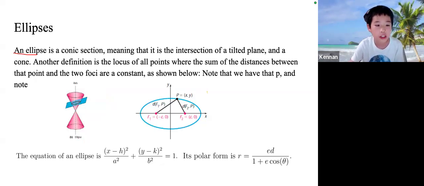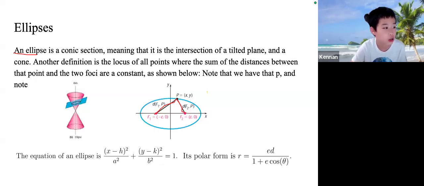Another definition is the locus of all points where the sum of the distances to the two foci is a constant, which is usually the major axis.